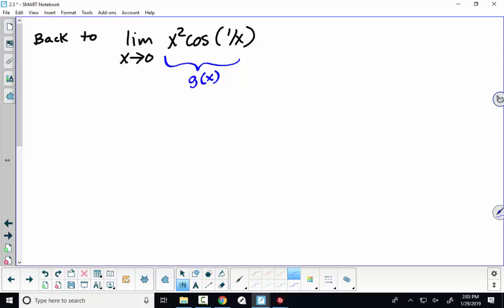So what do we know about the cosine of 1 over x? Do we know anything about cosine of 1 over x? It fluctuates between 1 and -1. Right. So remember, the cosine of anything is always in between 1 and -1, right? If I said, what's the cosine of theta in between? You would say 1 and -1, right? So theta, in this case, is just 1 over x.